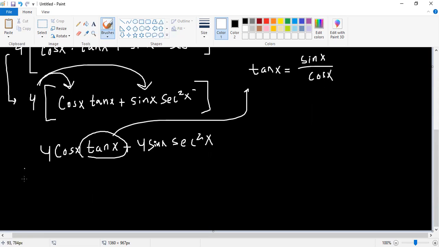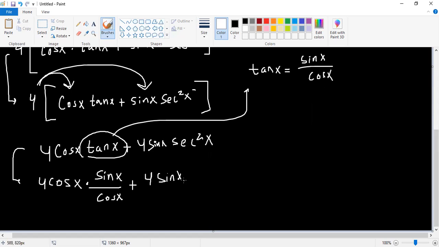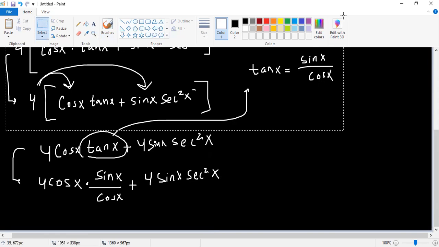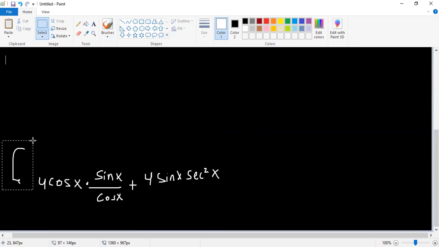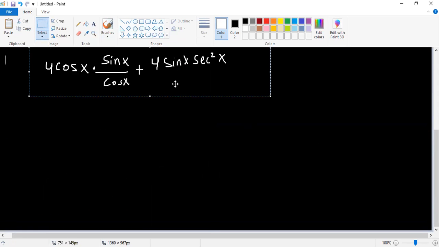And so the idea thus is to say that this is essentially the same thing as saying 4 cosine of x multiplied to the sine of x over the cosine of x plus 4 sine of x multiplied to the secant square of x. And just so we have some more room here, let's work with our new rewritten problem.